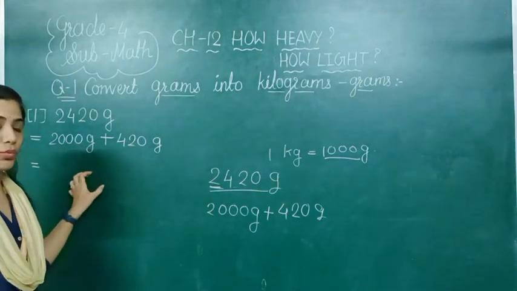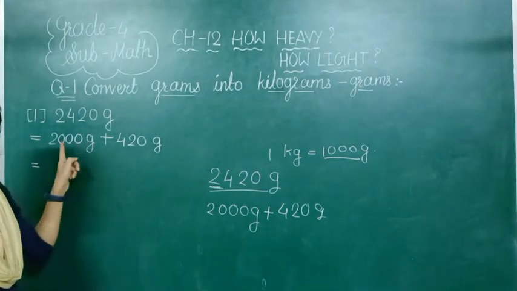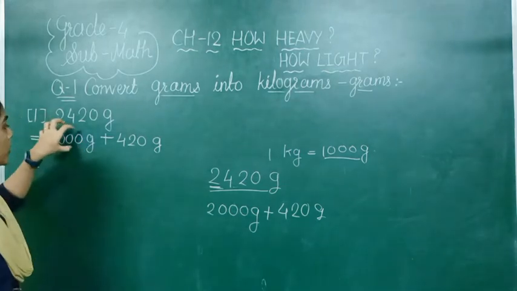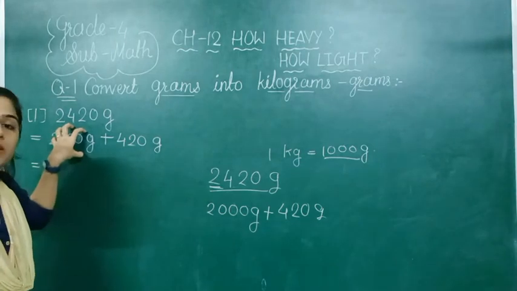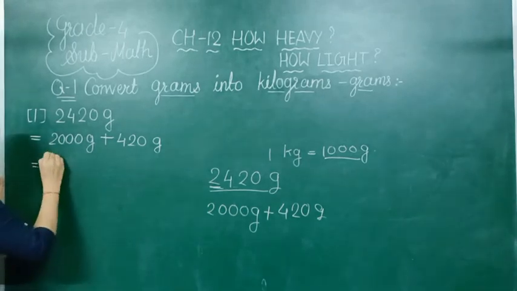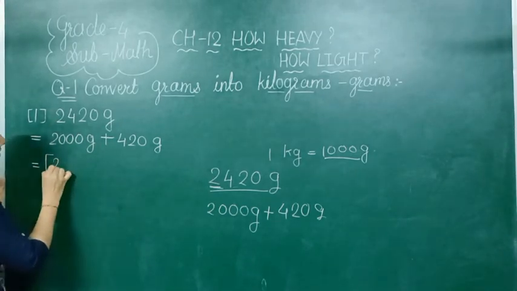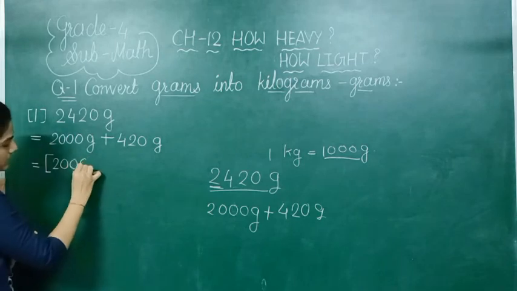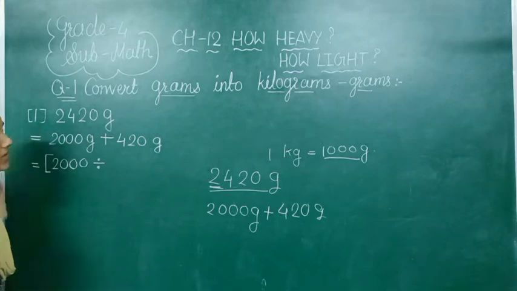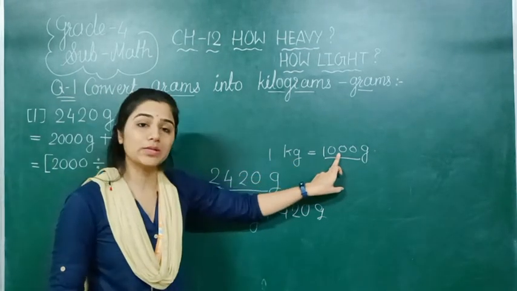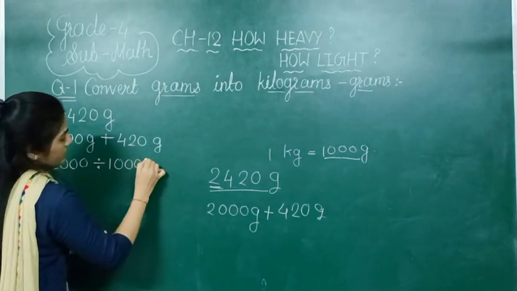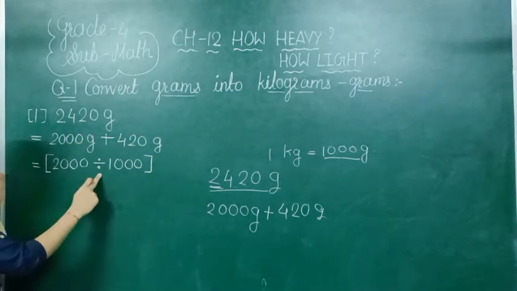Now 2000 is given in gram and we have to convert this 2000 into kilogram. So we will divide this 2000 by 1000. First we will write this 2000 in brackets and put a division sign, and divide with 1000. So 2000 divided by 1000.